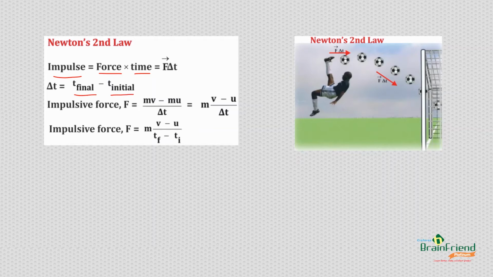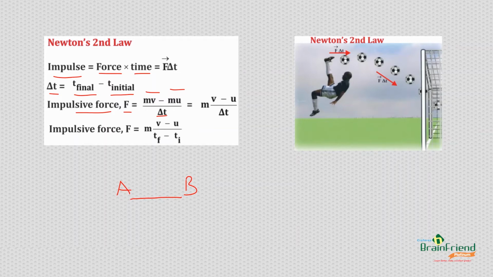This means when you push an object, when the object starts moving from point A and stops at point B, the time taken for that object to move from point A to point B is what we mean by change in time. So the impulsive force is simply force is equal to mass times final velocity minus mass times initial velocity all over change in time.